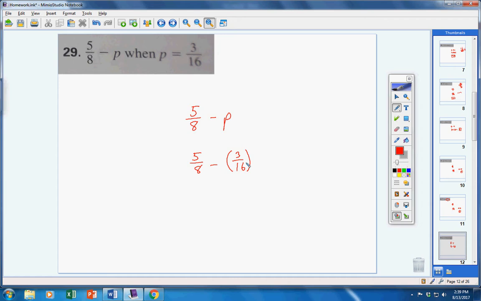Whenever you're adding or subtracting fractions, you must have a common denominator. In other words, your bottom numbers have to be the same, and they're not. One's an 8 and one's a 16. However, if I multiply this fraction, the top and the bottom, by 2, that'll make that a 16. So my common denominator for 8 and 16 is 16.